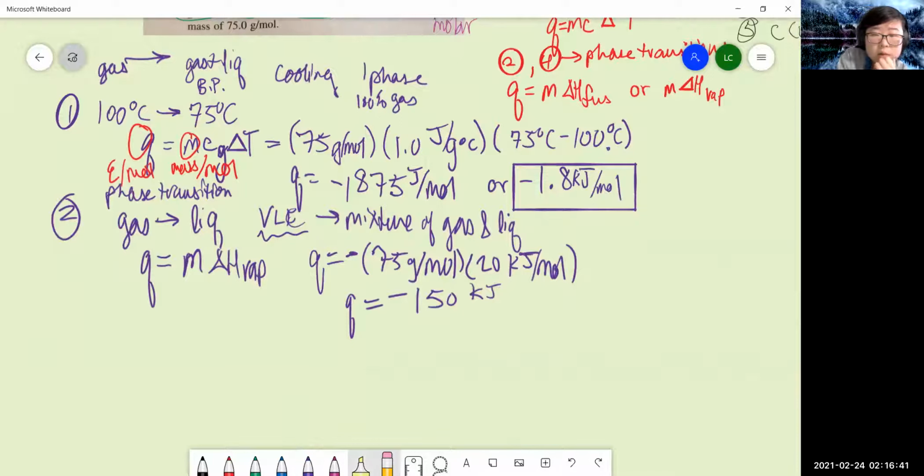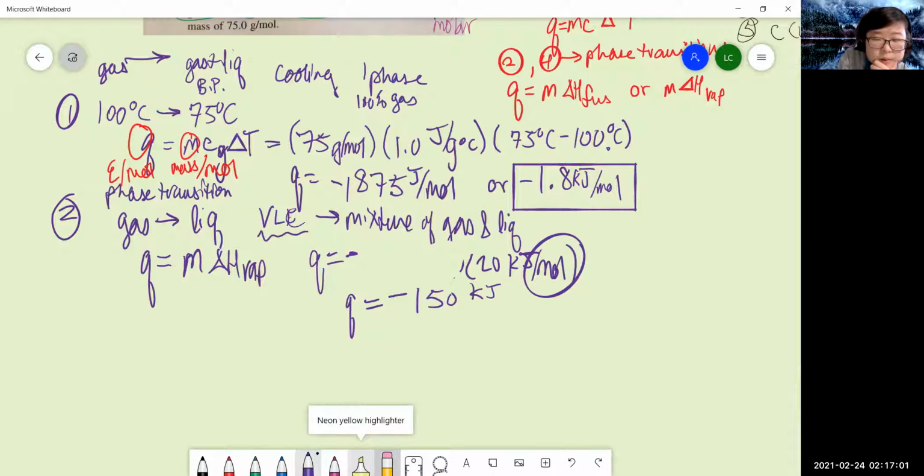Sorry, those units didn't match up because you can see that's kilojoules times grams over mole squared. That doesn't make sense. So basically, in this problem, we're assuming a per mole basis. It's already per mole in this case, so you didn't need an M, which is a little weird.